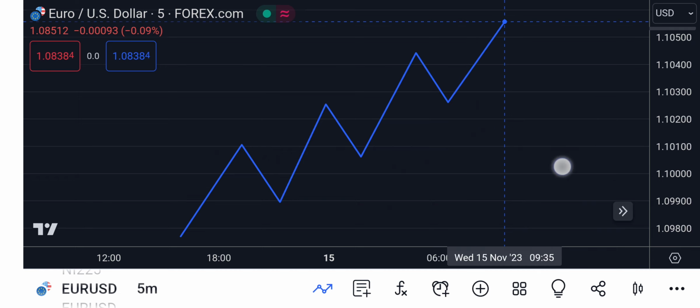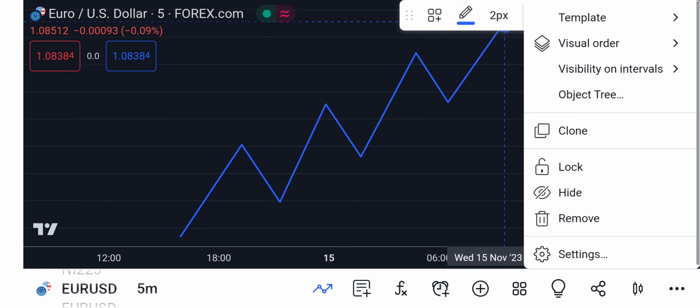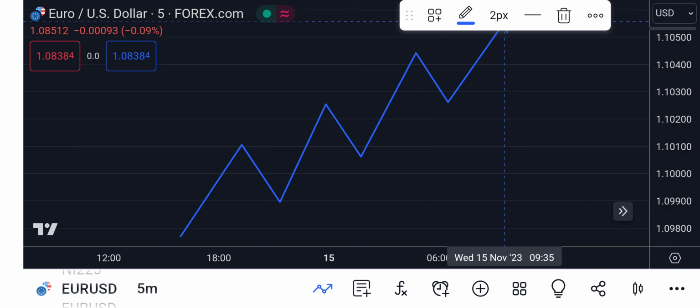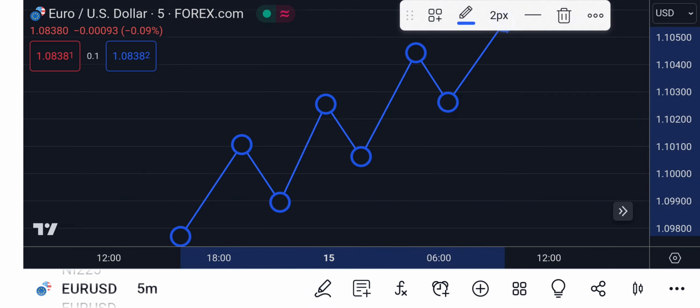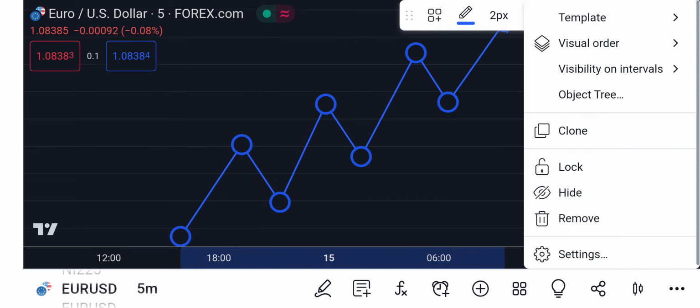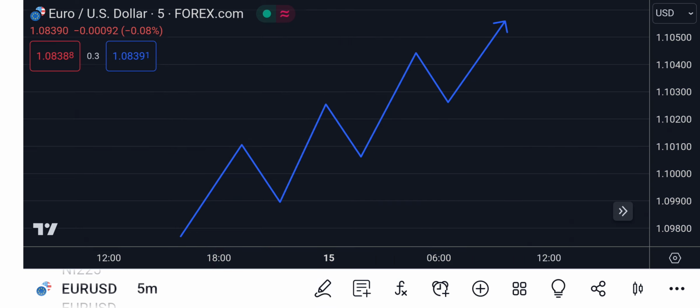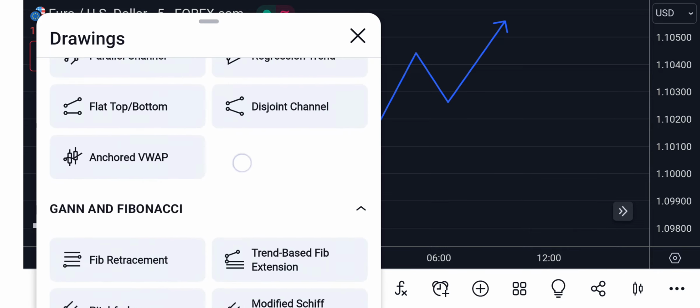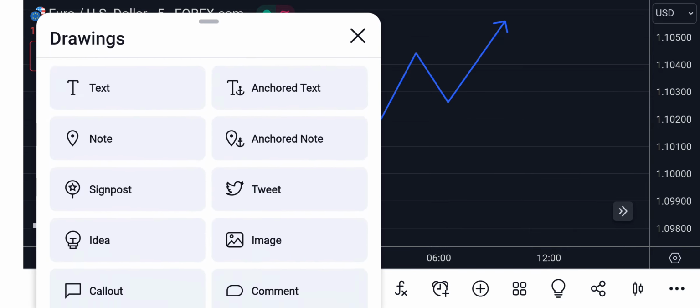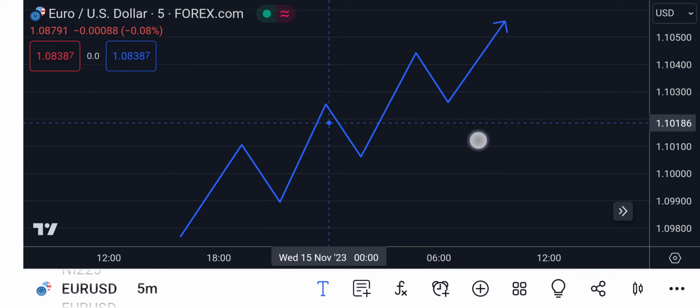So a basic bullish market structure looks like this. It's a trend to the upside, forming higher highs and higher lows.